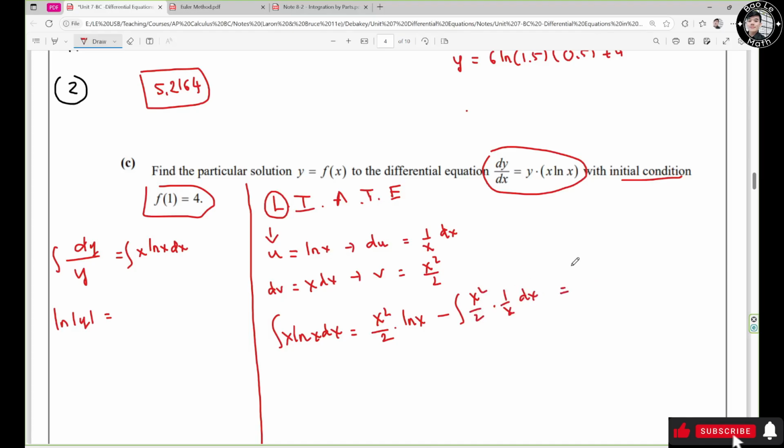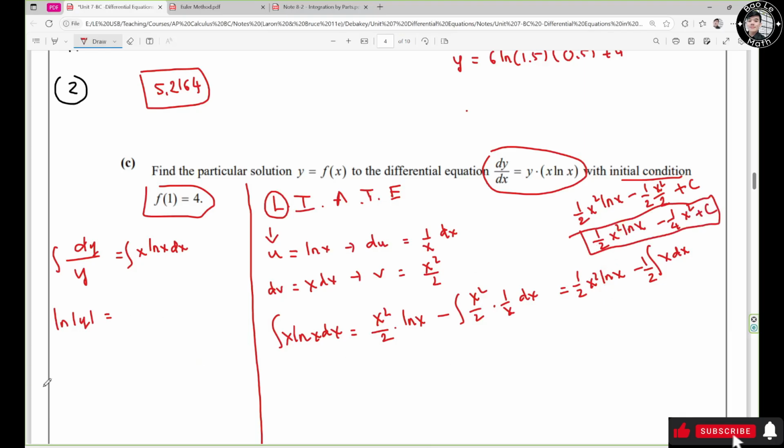So this turns out to be 1/2 s squared natural log of s minus the antiderivative of 1/2, I'm going to put in the front, so it's going to be s ds. So this turns out to be 1/2 s squared natural log of s minus 1/2 times s squared over 2 plus C. So it could be 1/2 s squared natural log of s minus 1 over 4 s squared plus C, right?